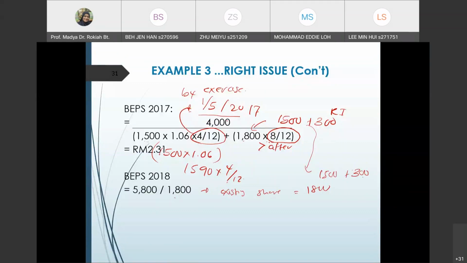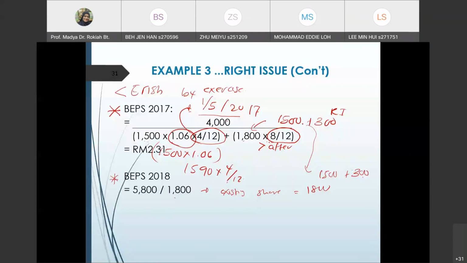So that is what you have for the year 2017. Look at the difference between 2017 and 2018. In 2017, before the exercise of the rights, you need to multiply by the factor. After the exercise of the rights, you don't have to multiply by the factor. You need to use the new number of ordinary shares.